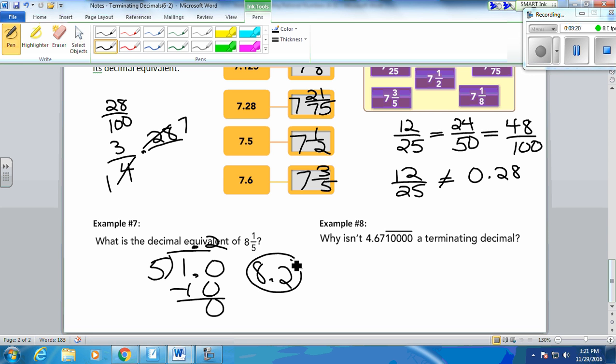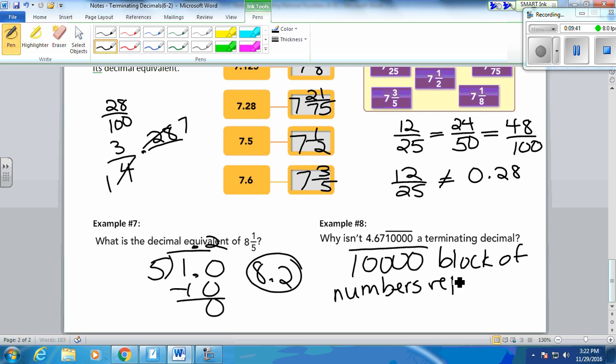Why is that not a terminating decimal? Because it's not just the zeros repeating, the 10,000 block is what's actually repeating. That block of numbers repeats. Not just the zeros.